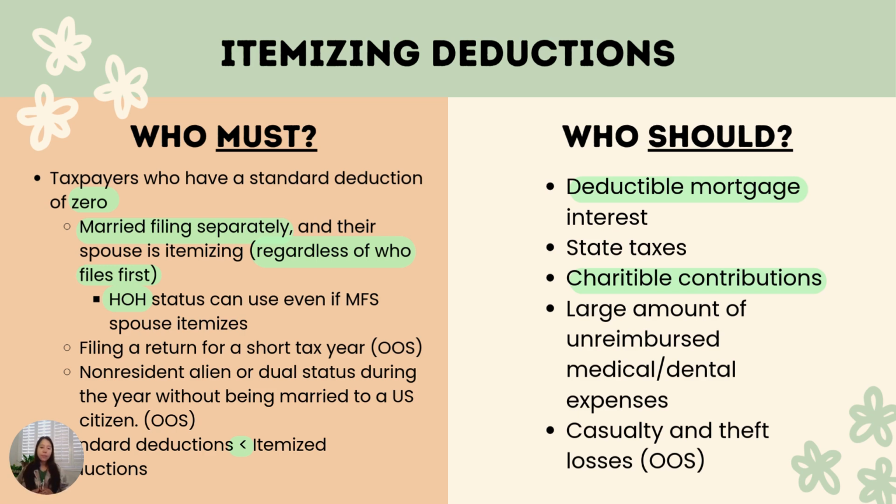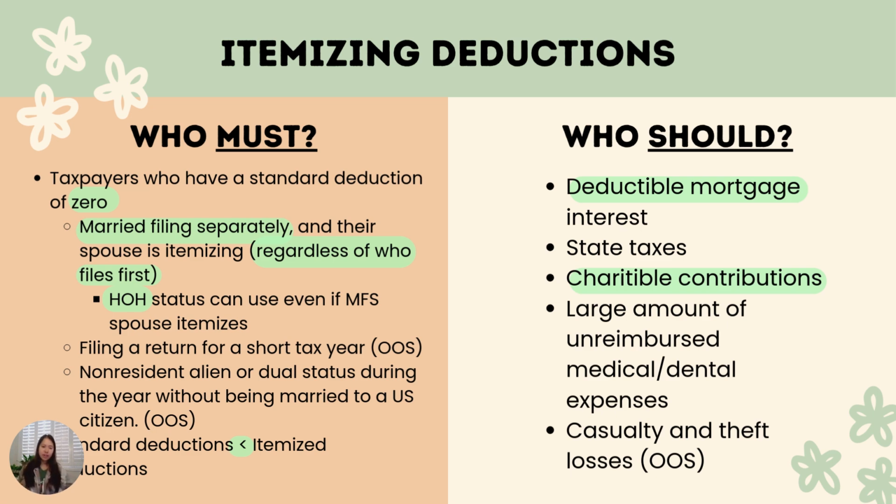So if you're a tax preparer and you're helping a client who's claiming married filing separately status, and their spouse is filing under an itemized deduction, the taxpayer you're helping, even if they want to claim the standard deduction, they cannot. Both spouses must itemize if one or the other chooses to.